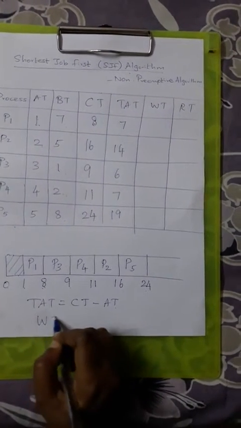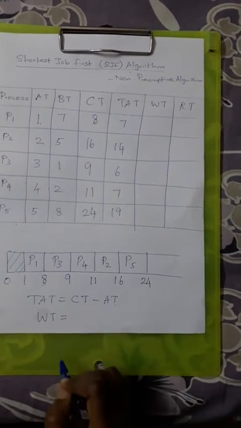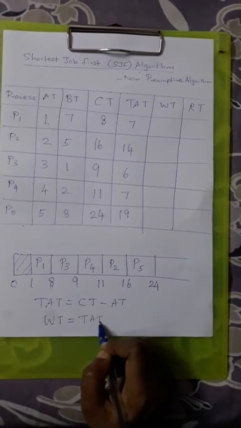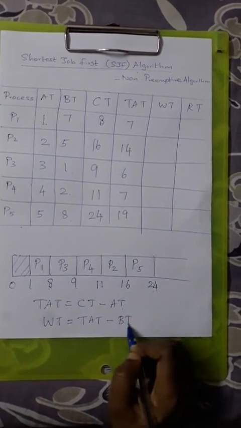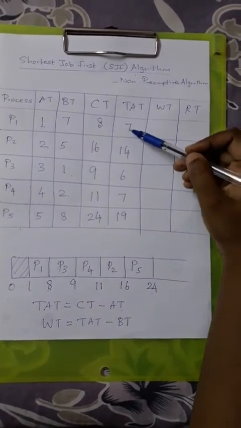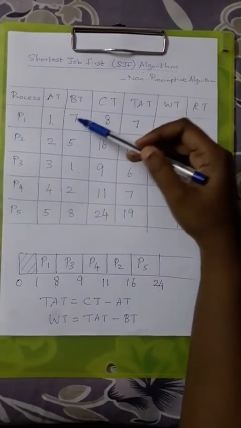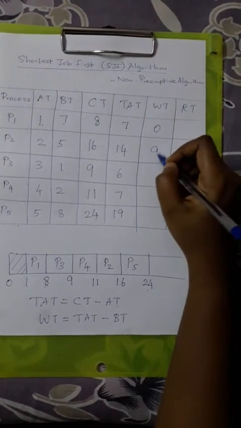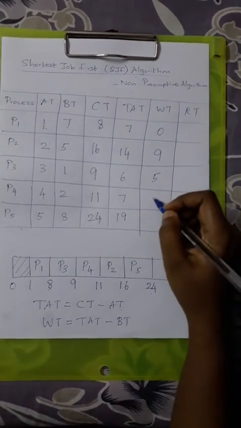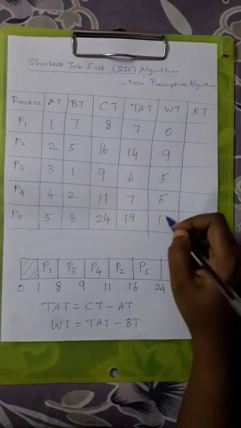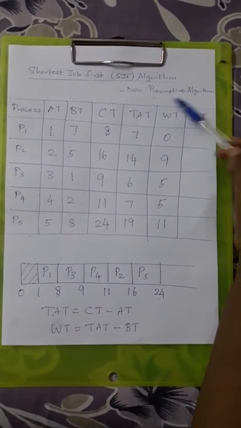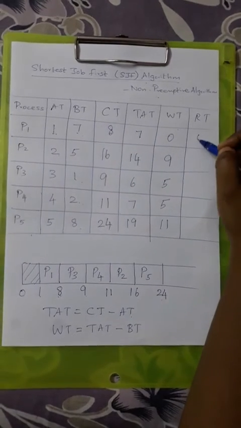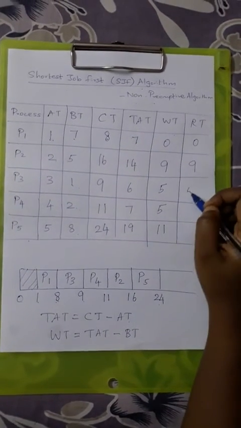For waiting time, we use the formula waiting time equals turnaround time minus burst time, so I am subtracting and writing the values for each process. For a non-preemptive algorithm, the waiting time and response time are the same, so here we can write the same values.